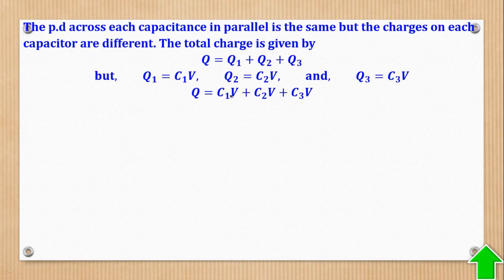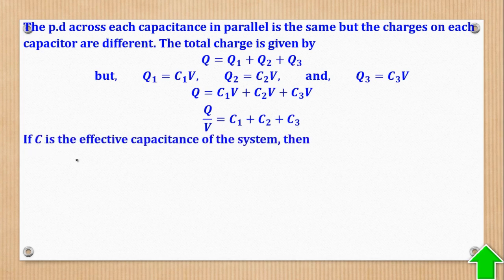Here I realize that V is common, so I'll pull it out and divide throughout by V to come up with Q over V equal to C1 plus C2 plus C3. Then if C is the effective capacitance, effective meaning total, it implies that C is equal to Q over V. When I replace this Q over V with C, I come up with C equal to C1 plus C2 plus C3.